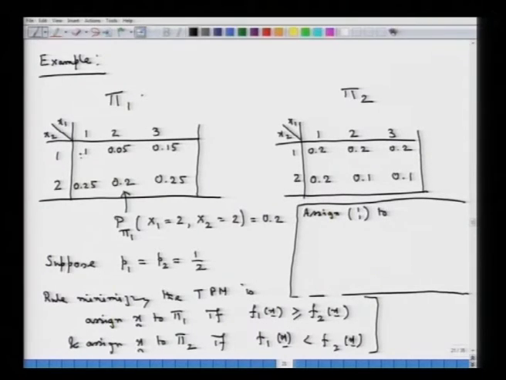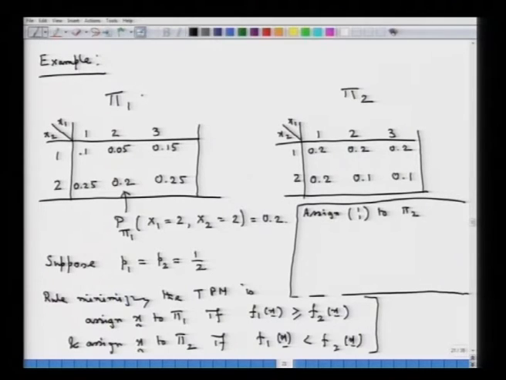Now, we have to look at whether this is higher than this, because x is assigned to pi 1 if f1x is greater than or equal to f2x, and to the other population if it is otherwise. So, for this 1 1 combination, we see that this is f1x and this is f2x. So, this is to be assigned to pi 2.